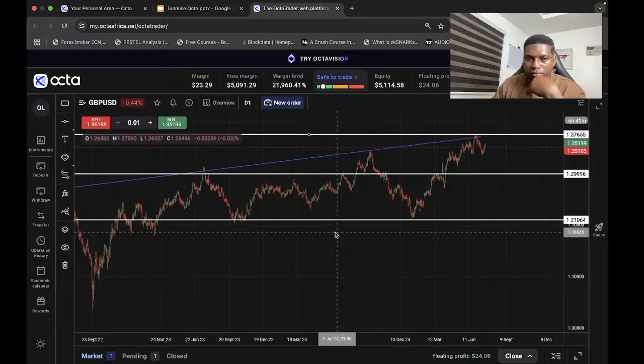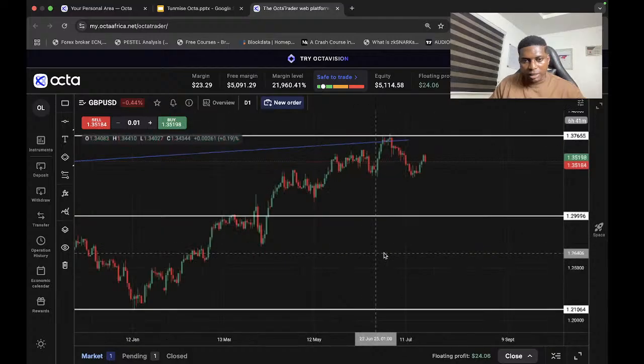So here is the daily time frame. Now let's zoom in and out on what is currently going on in the market. Here we can see that this level was a resistance zone that was finally broken out of, and this resistance zone has now turned support.